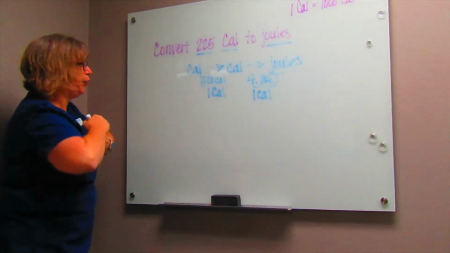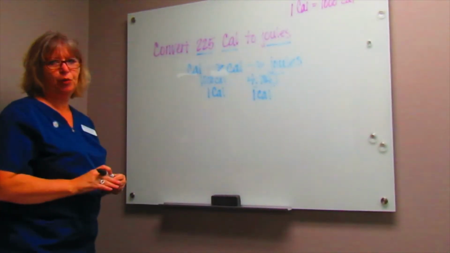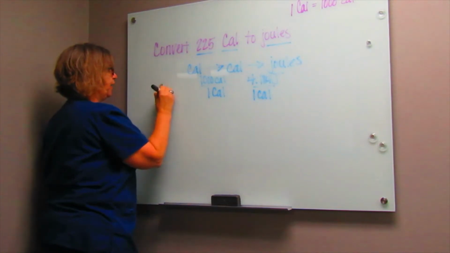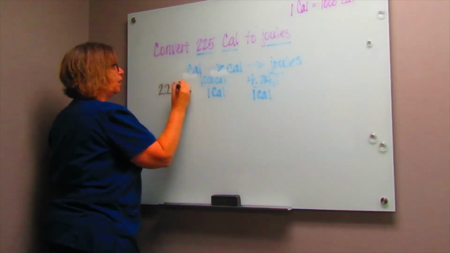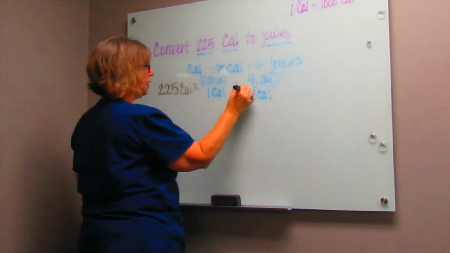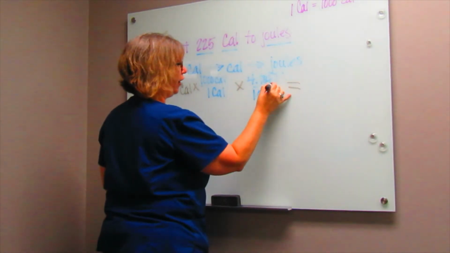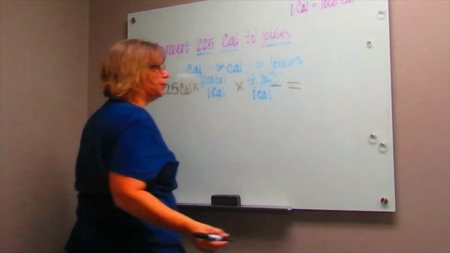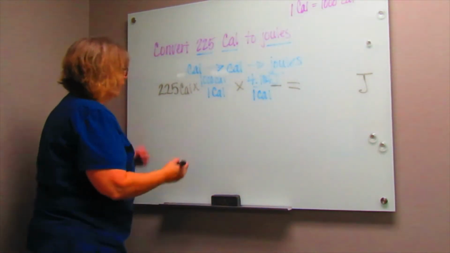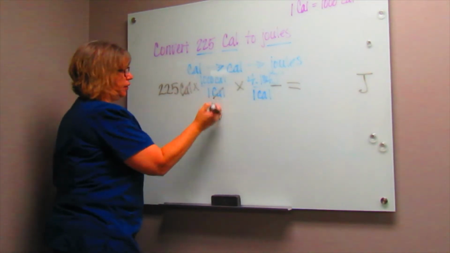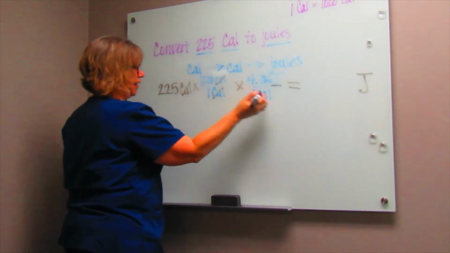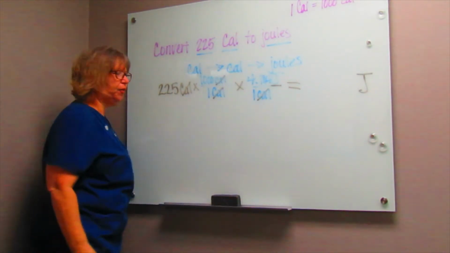Just like we did in the last chapter, we're going to plug in our information that we're wanting to convert, and we're going to work through this problem. So we're going to convert 225 of the big Calories. We'll multiply across, and our answer is going to be in joules. These like units will cancel out.